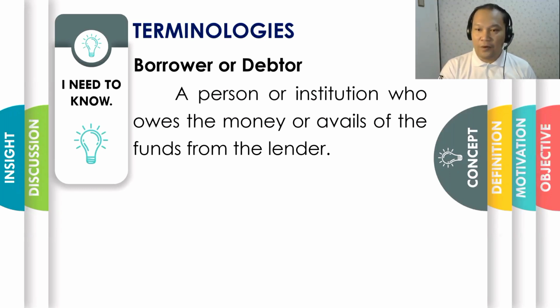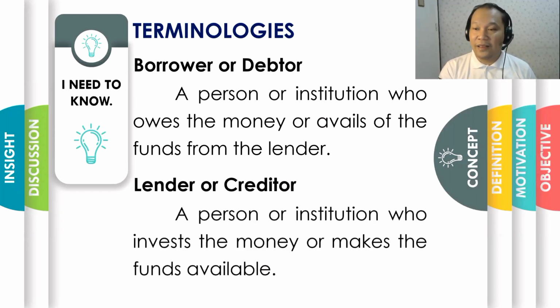Okay? Now, we also have lender or creditor. A person or institution who invests the money or makes the funds available. Pag ikaw yung nangutang, yung pinangungutangan mo o yung pinagkakautangan mo o yung hiniraman mo ng pera, ang tawag doon sa kanya o ang tawag sa institusyon ay lender.